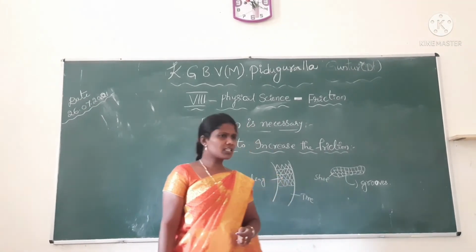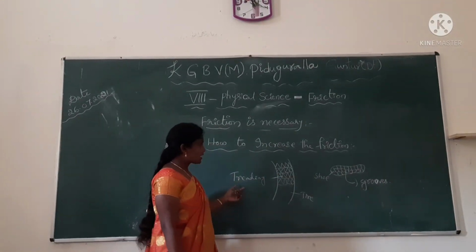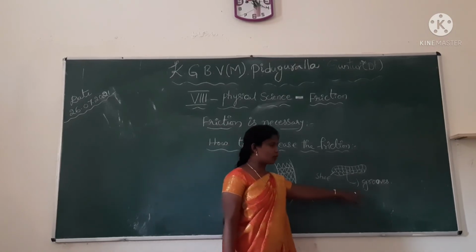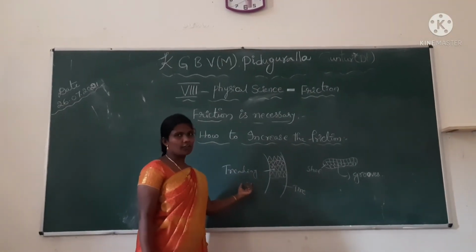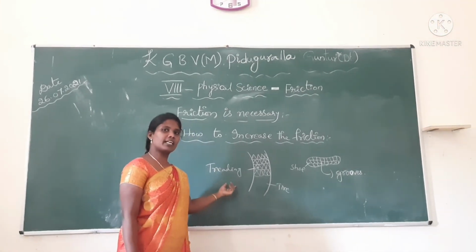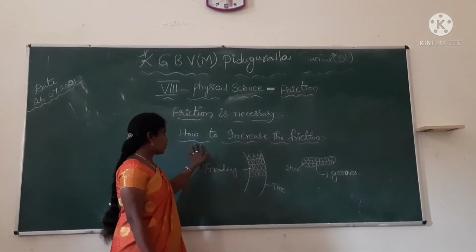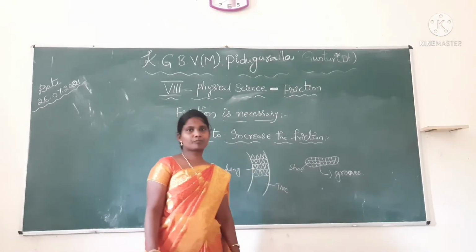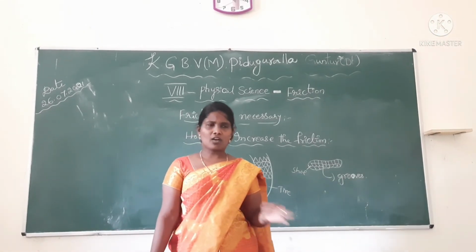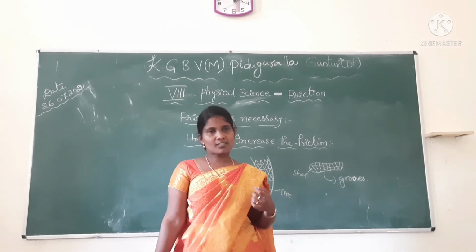So in these two cases, in one case we are using grooves on shoes and in the second, traveling vehicles are designed with threading. In both cases we increase the friction. Okay, children, I feel that we all understood today's topic.